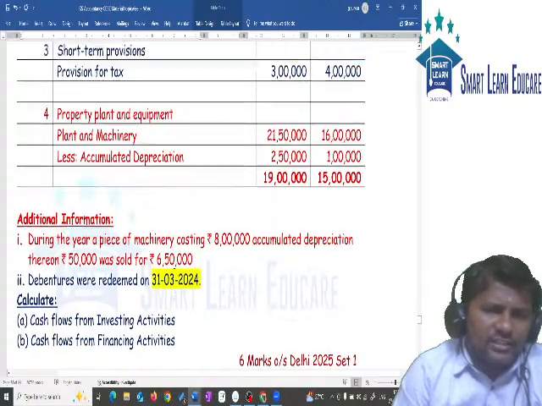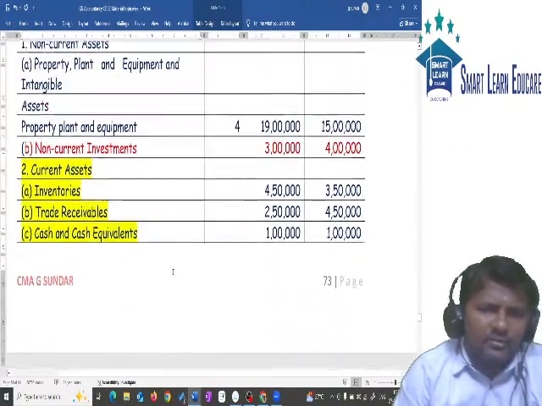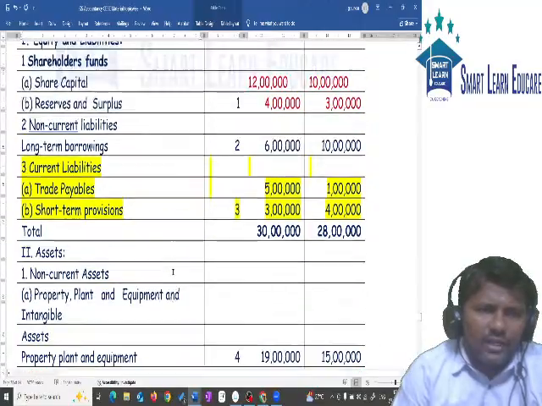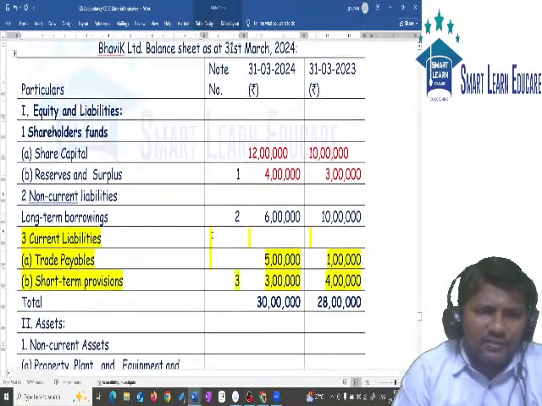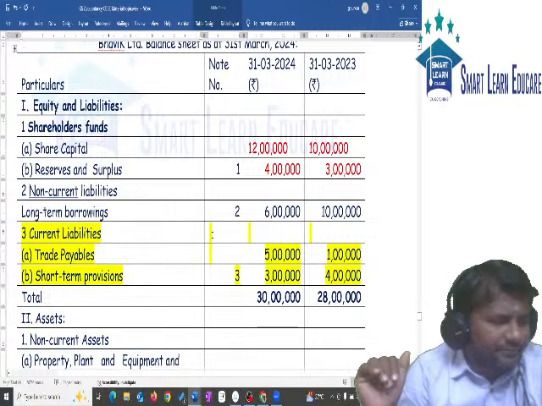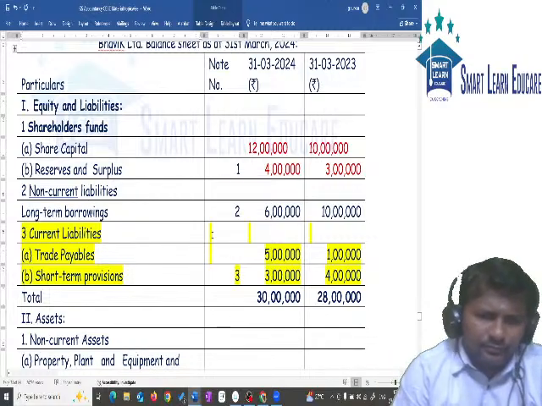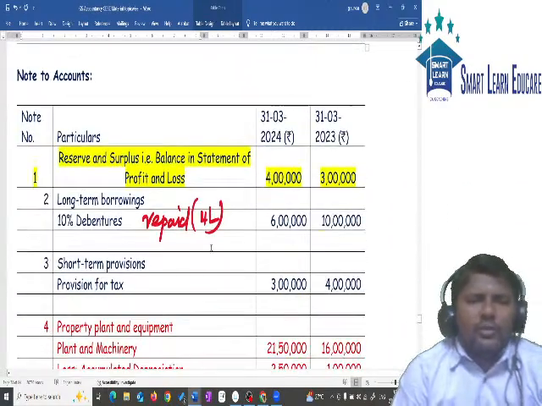Then you try financing activity. Try financing activity. For financing activity, only the first page information is needed. Okay, so quickly try.